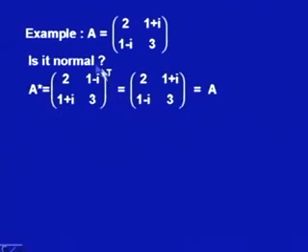So, this is A star, and when we take the transpose, rows become columns, and 2 1 minus I, first row will become first column and second row will become second column.